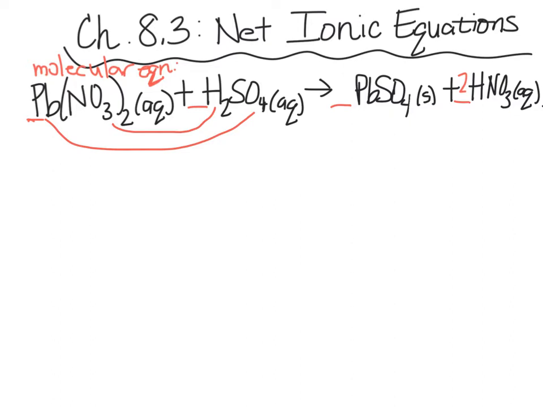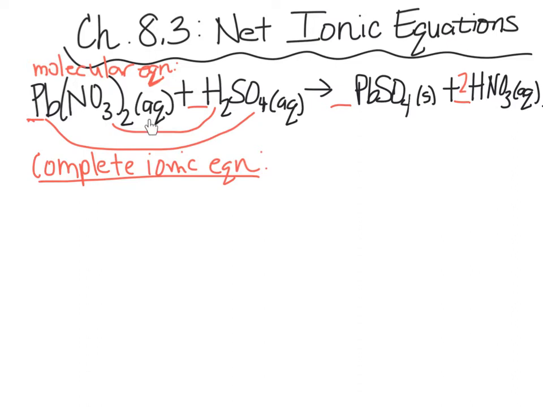All right, the next thing that we're going to do is write out what is called the complete ionic equation. When we write out the complete ionic equation, we are going to look at the states of matter that are already listed here.